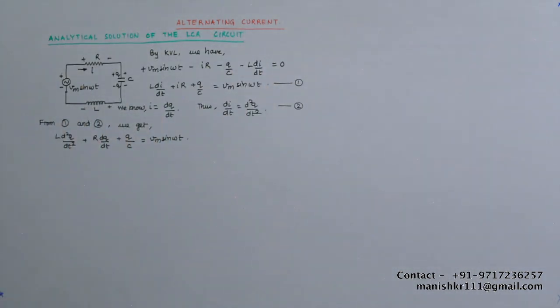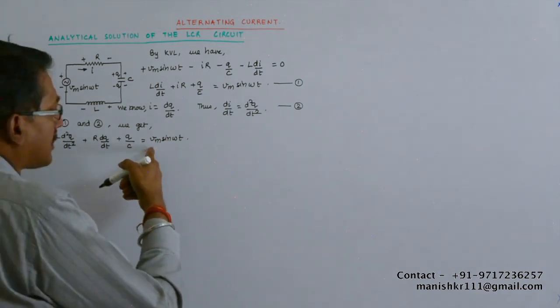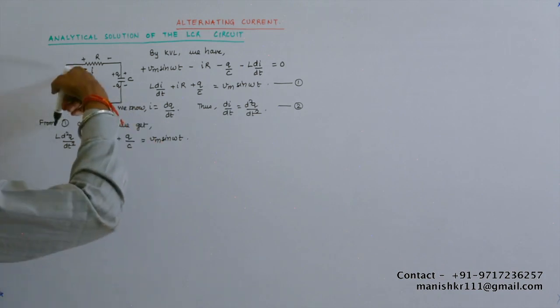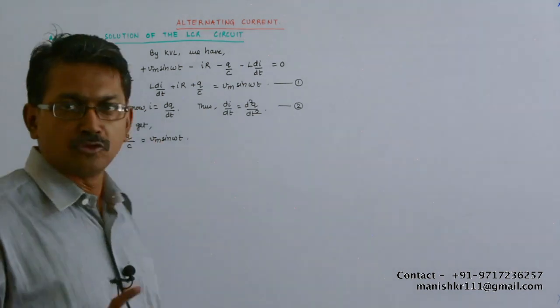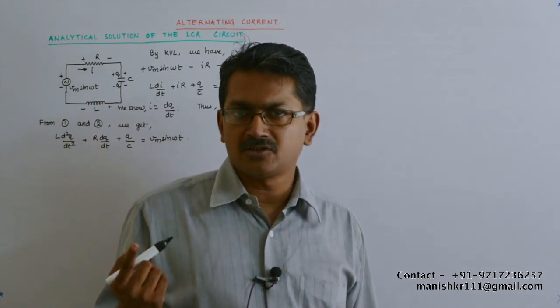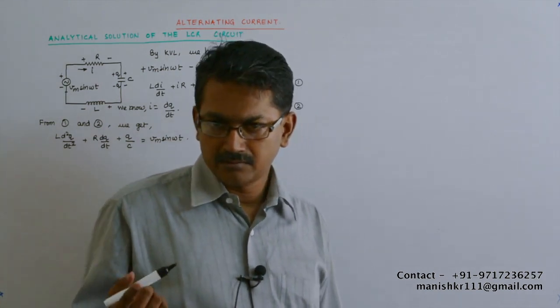So what I do here, we assume, see, if the cause, that is voltage, is a sinusoid, the effect, that means the flow of the charges, will also be a sinusoid. Okay?